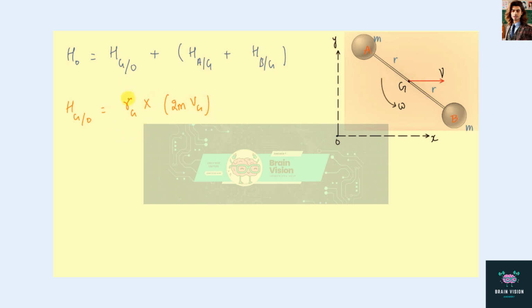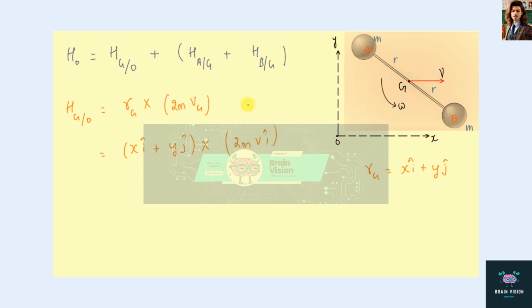Now let us calculate the position vector first. Position vector R_G, since the coordinates are x and y, would be x i cap plus y j cap. So we can put the values now: R_G is x i cap plus y j cap, cross product with the mass 2m, and V_G we have V, and the vector would be V i cap because it is along the x-axis.